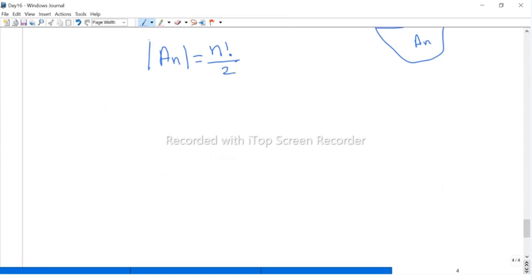So now next we define a normal subgroup. Before that we have to define coset, but anyway, we can define it using the definition.